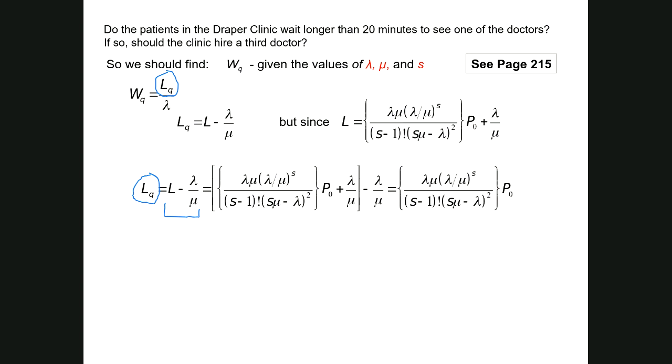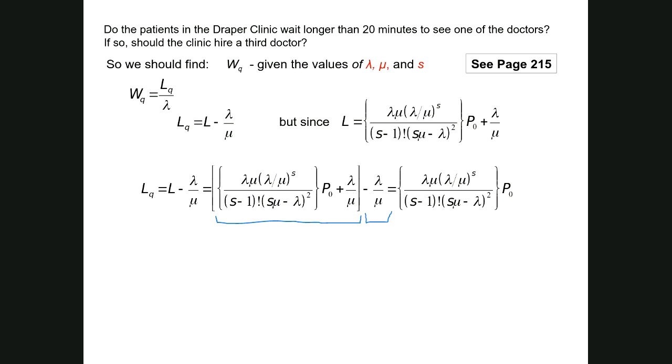Of course, what I'm going to do next is just a little algebra. Remember, this term is L. All I'm going to do is place this term in these brackets here, substituting for L. So this term is L, and then I'm going to subtract lambda over mu from L. This term is L, and this term is the same term, minus lambda over mu.